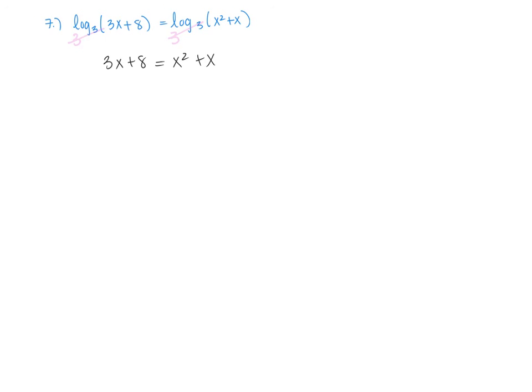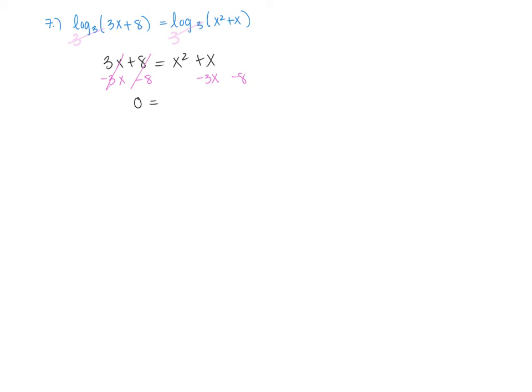And then from there, I'm going to try to solve by subtracting 3x to the other side and subtracting 8 to the other side. I subtracted to this side here because x squared and the x's are all on one side. It just makes it a little bit easier to handle when you are starting to factor.